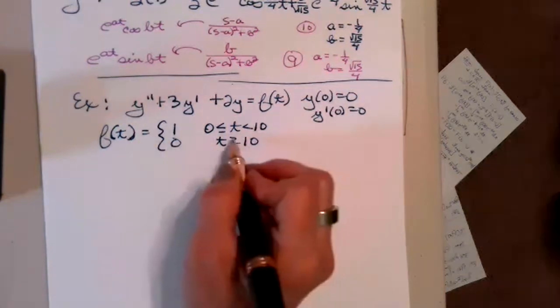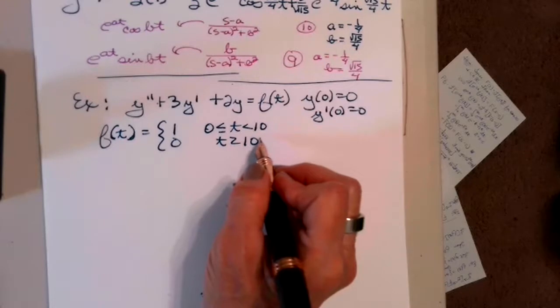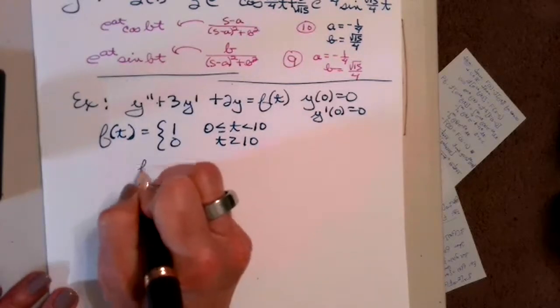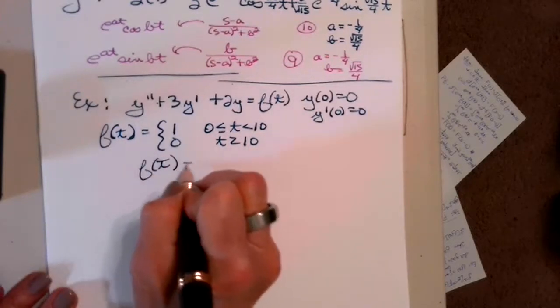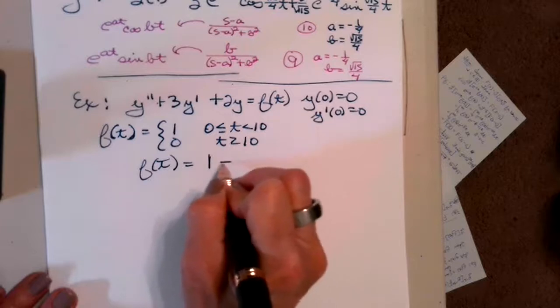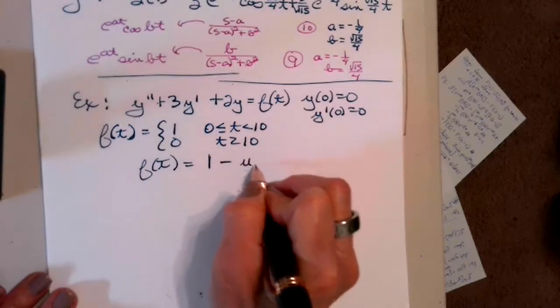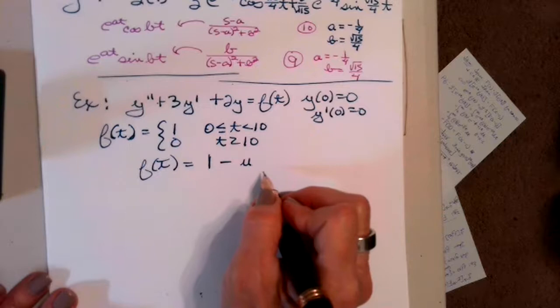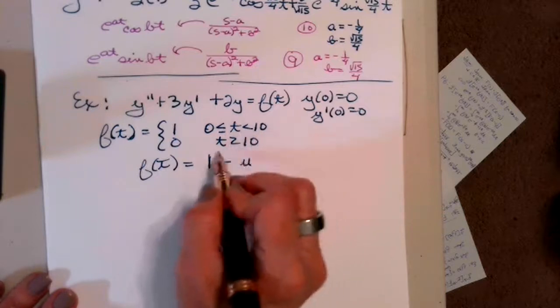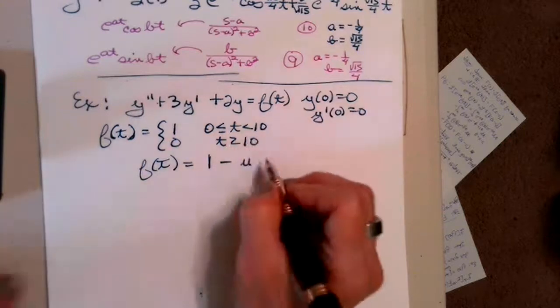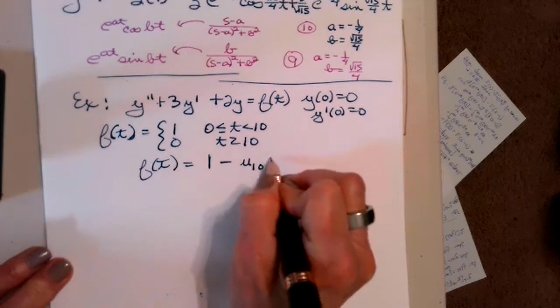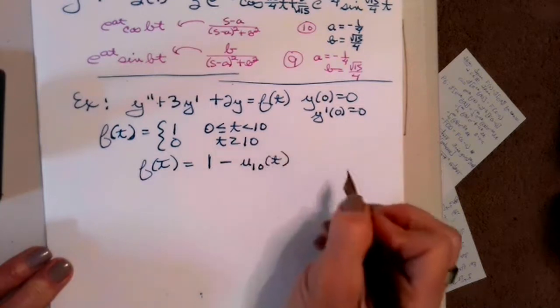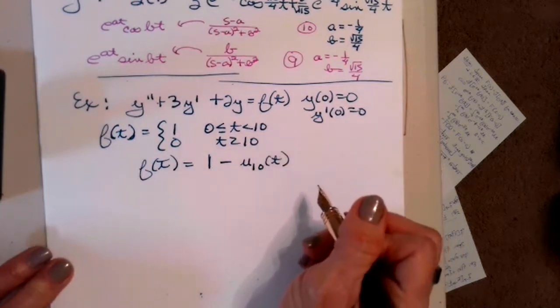So now we want this function to be 1 all the way up to 10. And we saw in the pictures in the beginning that means we're going to need 1 minus u something. And since the jump is at 10, we're going to guess it's 1 minus u sub 10 of t.